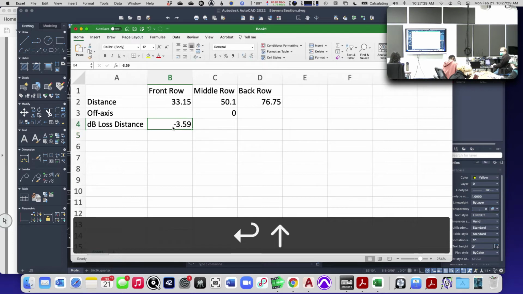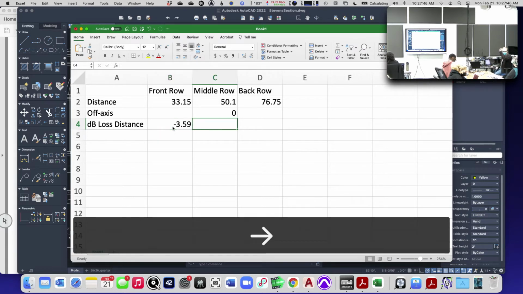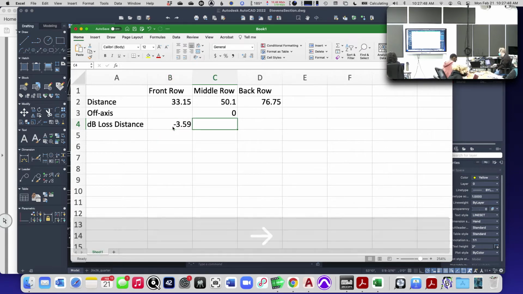Anybody else get that? Yeah. Jesse got that? I need one more person or it's not right. Anybody else get negative 3.59? Robin got it? Okay, great. Must be right if 3 people got the same answer.